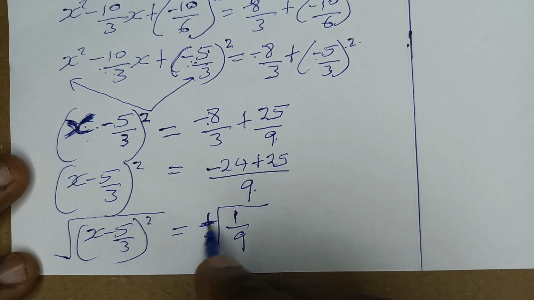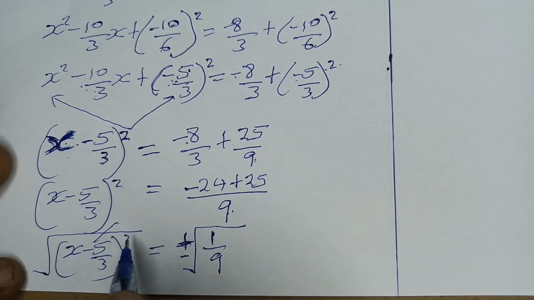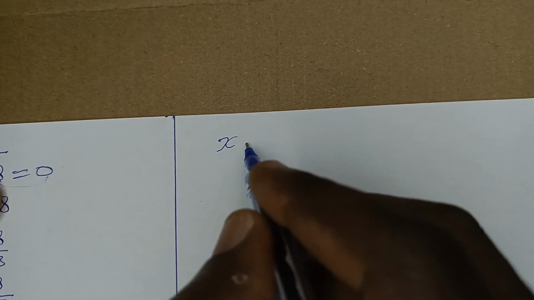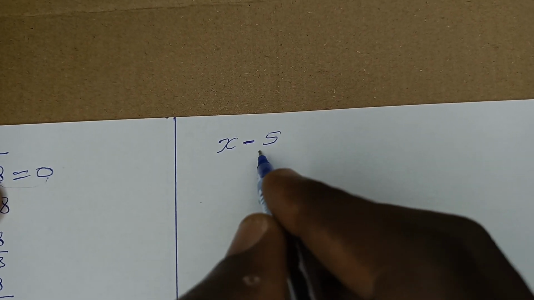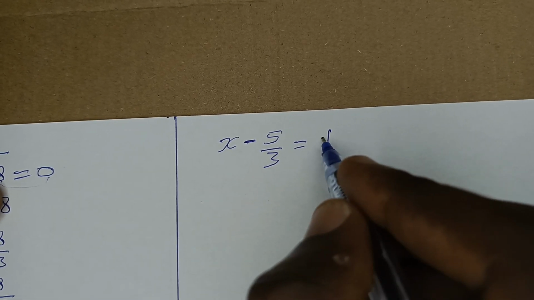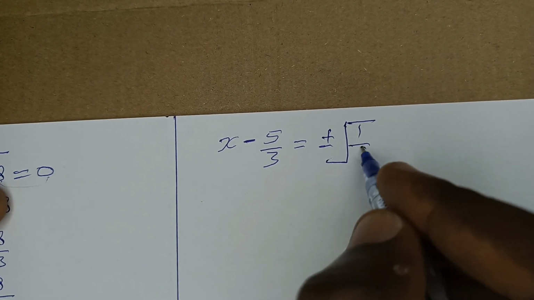So this cancels this, and we are left with x minus 5 over 3 is equal to plus or minus root of 1 over 9.